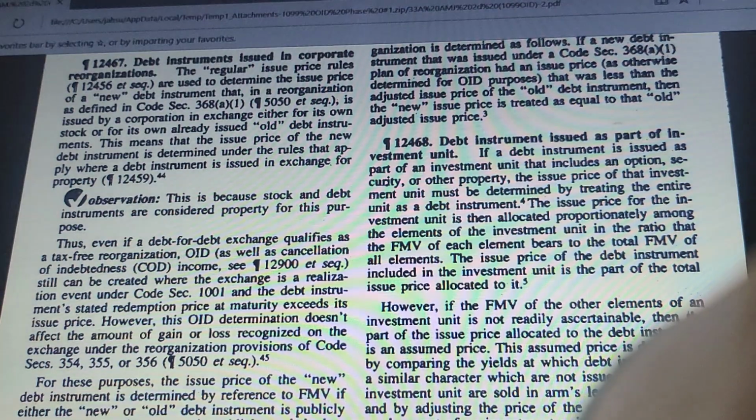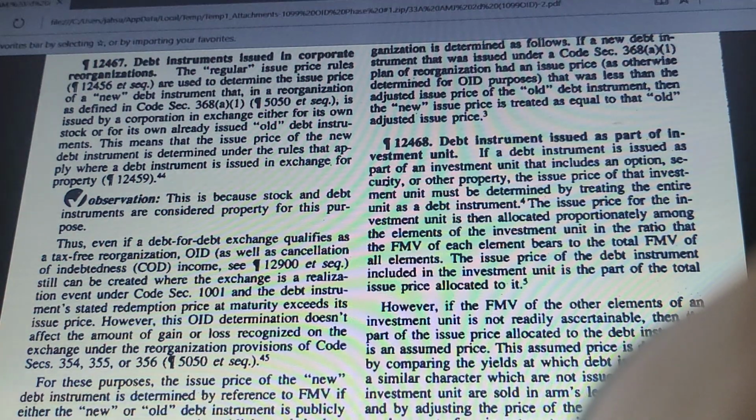The regular issue price rules (¶12456 et seq.) are used to determine the issue price of a new debt instrument that, in a reorganization as defined in Code Section 368(a)(1) (¶5050 et seq.), is issued by a corporation in exchange either for its own stock or for its own already issued old debt instruments.